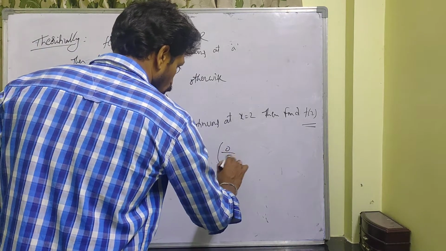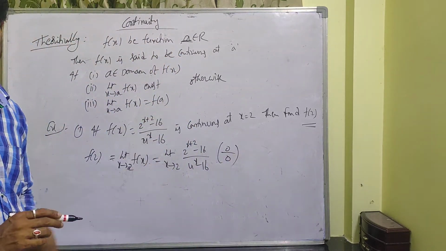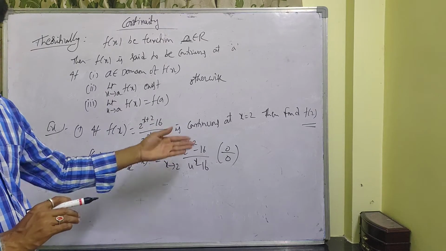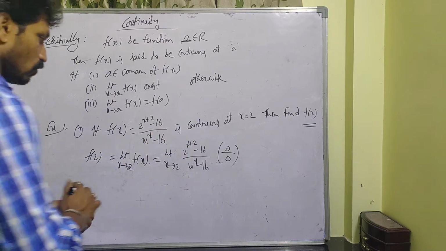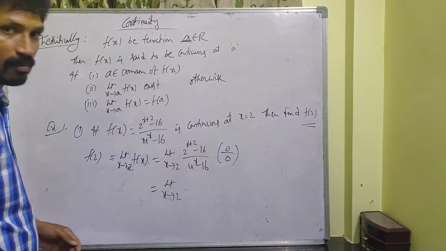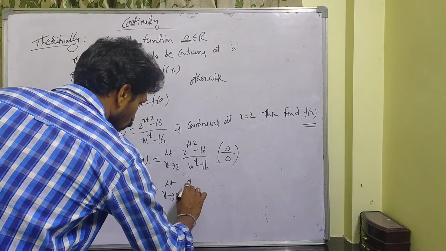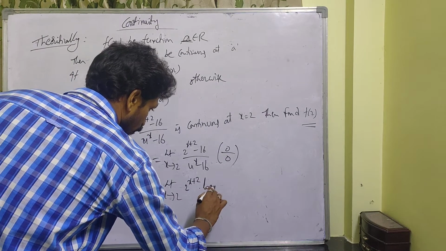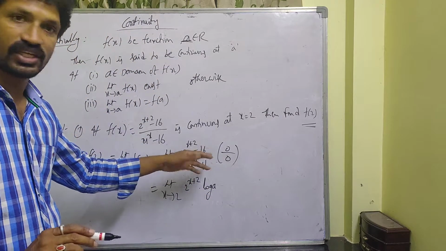But it is continuous, so the limit exists. So apply L'Hospital rule. So this is equal to the limit as x tends to 2; using the formula, the derivative of a power x is a power x into log a to the base e, and minus 16 becomes 0.